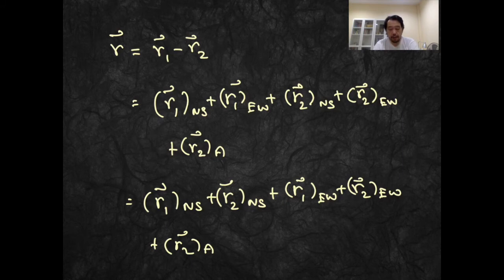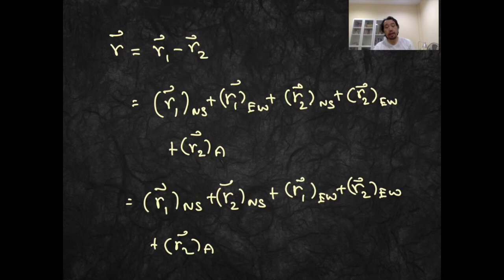The way we write down this vector like this is useful because at the end we can write, for example, this R1 and R2 along the north-south axis as one component, as a vector that points along the north-south axis, and this summation is another vector that points along the east-west axis, and the last one is the vector that points along the altitude axis.